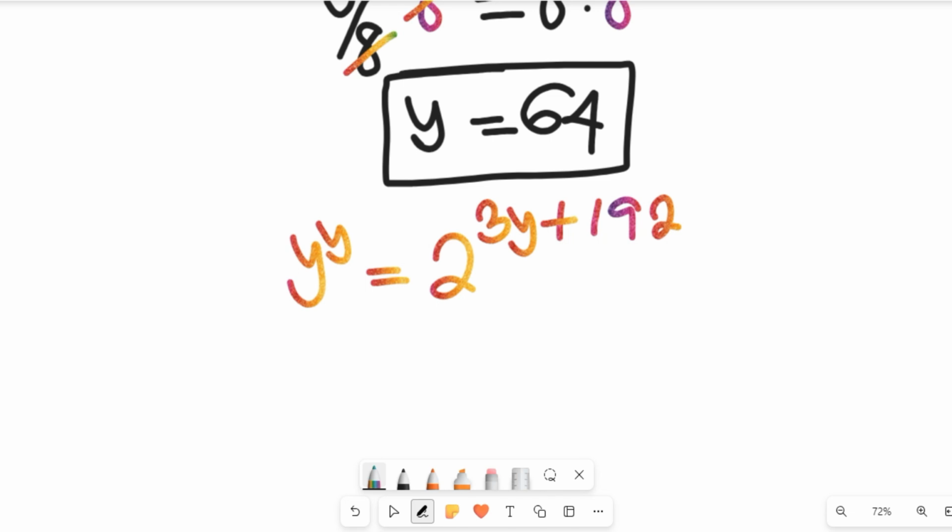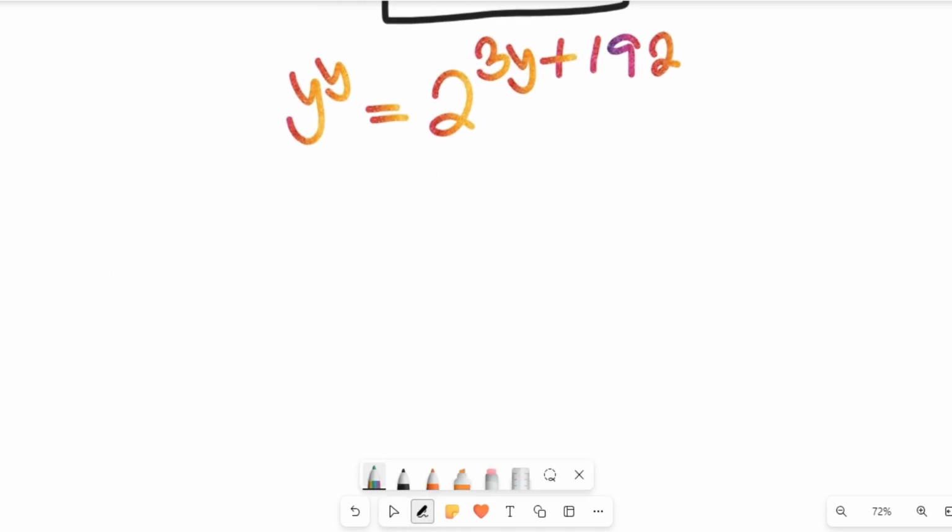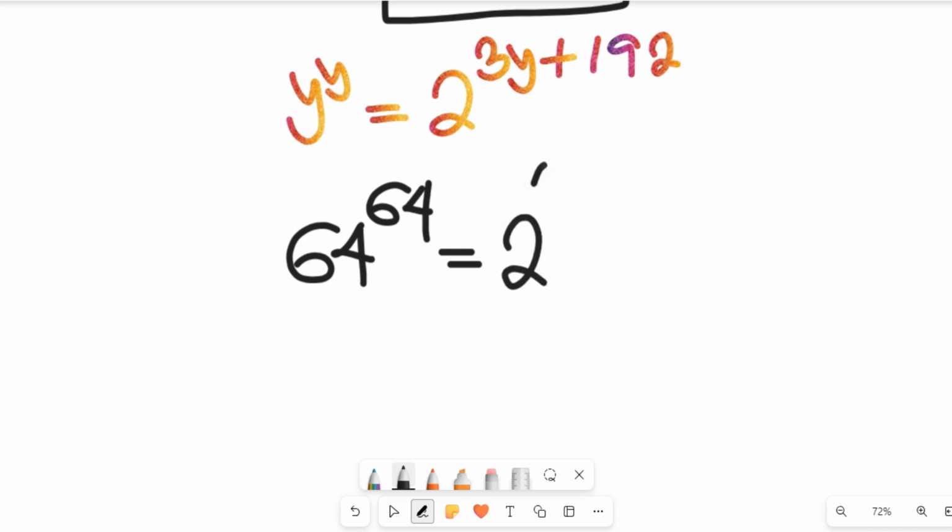So at y equal to 64, that expression will give us 64 to the power of 64 equal to 2 to the power of 3 multiplied by 64, plus 192.